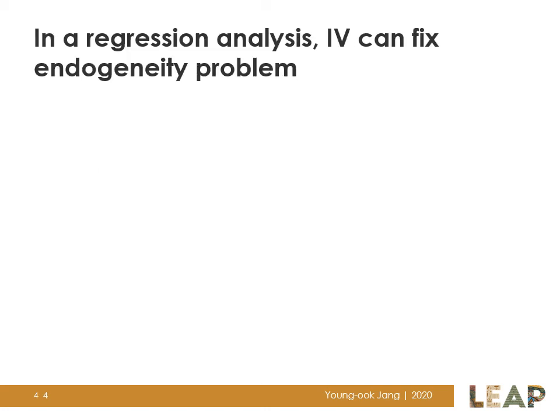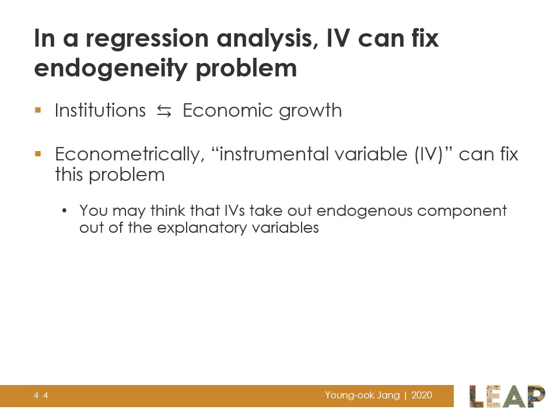In order to fix this reverse causation problem, or spurious correlation problem, we usually use an instrumental variable. This reverse causation is sometimes called the endogeneity problem. The terms are not very important at this stage, but just remember that there is an instrumental variable approach to fix the reverse causation problem. That's the most important one.